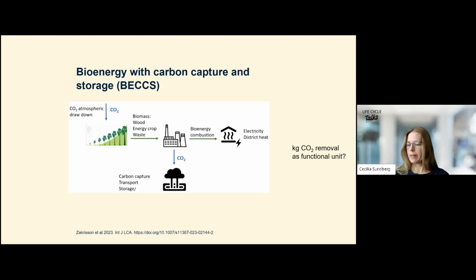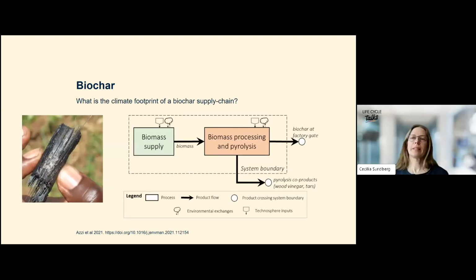And then to my final example, this is the technology that I've been working mostly with, biochar.